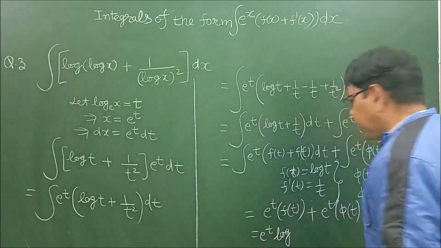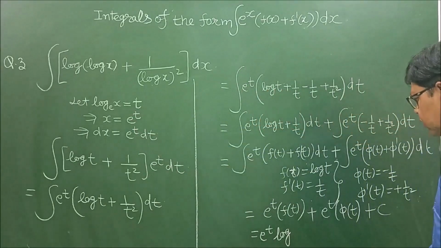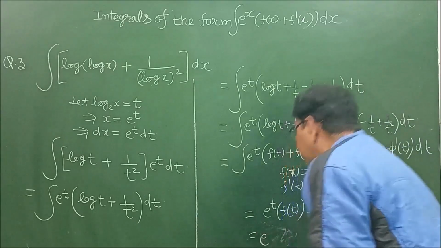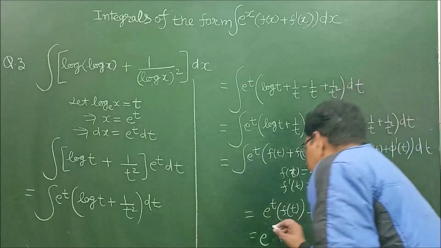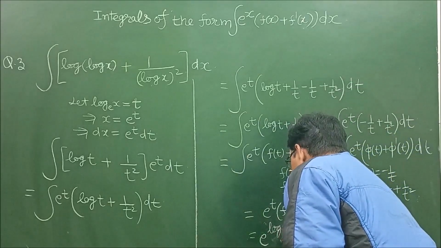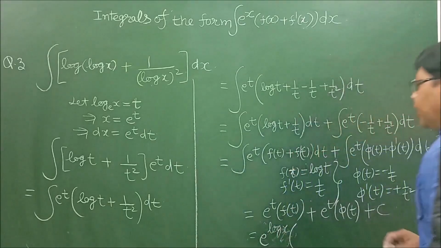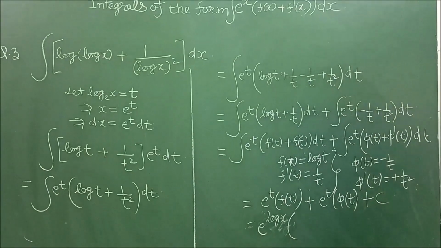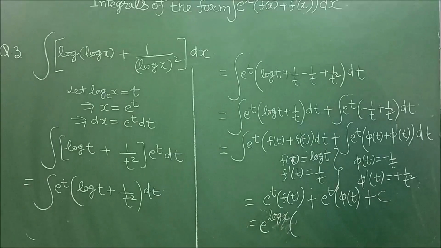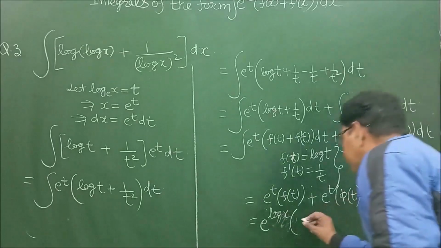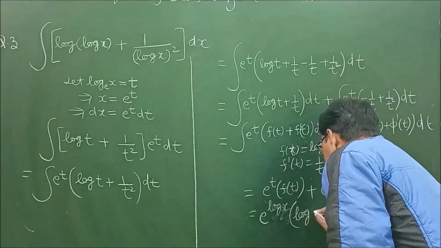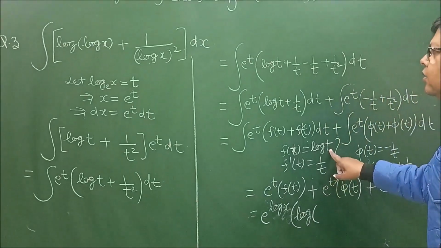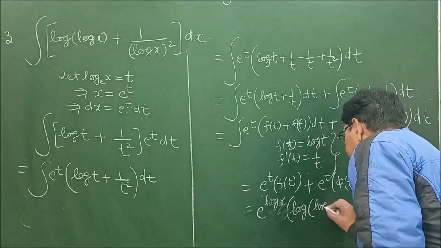So e raised to the power log of x, and f(t) we have taken equal to log t, so log of t, and t is log x, so log of log x.